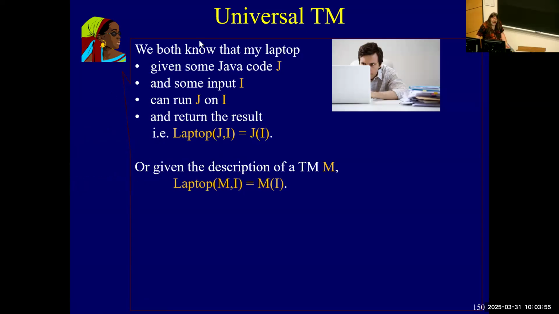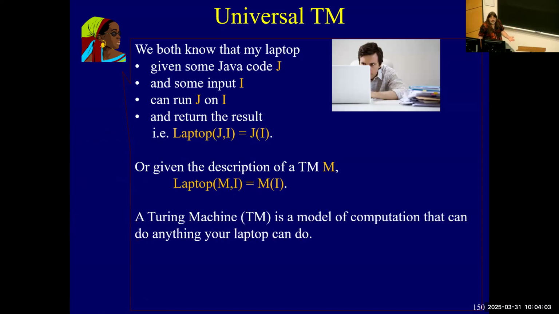Similarly, you could give the laptop a description of the Turing machine, and it could then simulate the Turing machine. It could do that just as well, and we can believe it can do that. And we also talked about, well, how is the laptop running?